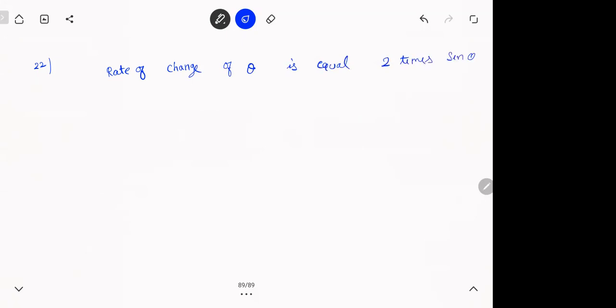This was the question. So he's saying d theta by dt is 2 sine theta. Got this? This is what is being asked.